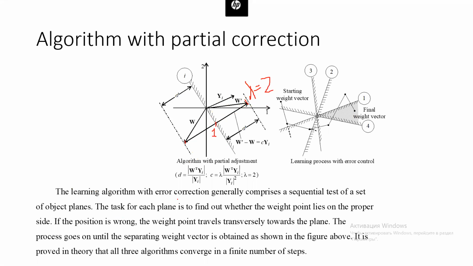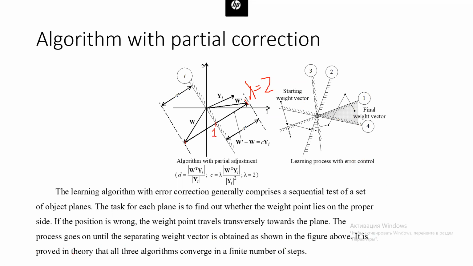The learning algorithm with error correction generally comprises a sequential test of a set of object planes. The task for each plane is to find out whether the weight point lies on the proper side. And if the position is wrong, the weight point travels transversely toward the plane. The process goes on until the separating weight vector is obtained, as shown in the figure here.